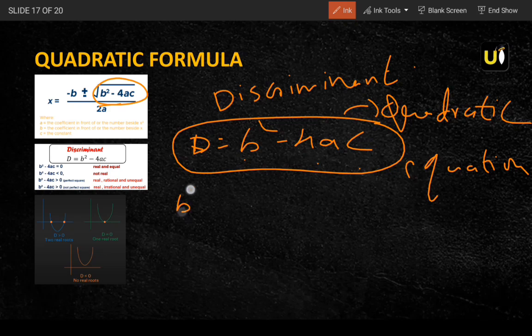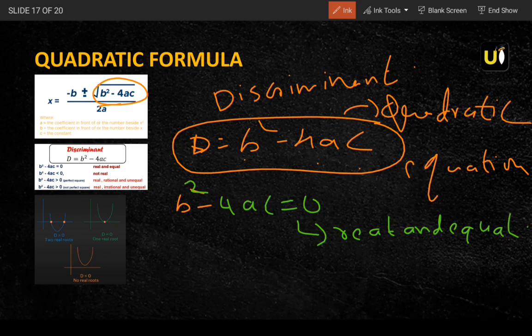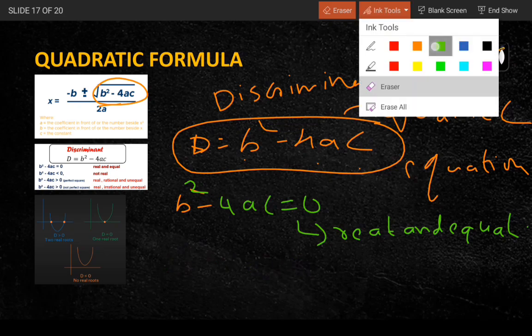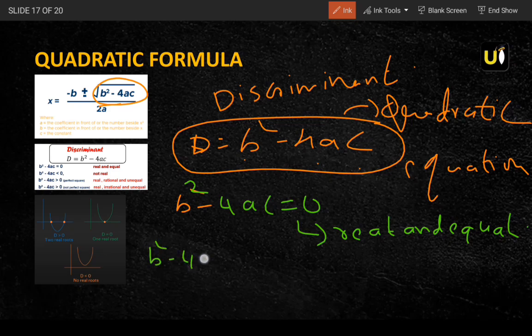So for example, if b square minus 4ac is equal to 0, that means the two roots of the equation are real and equal. And suppose if b square minus 4ac is less than 0, the roots are not real.